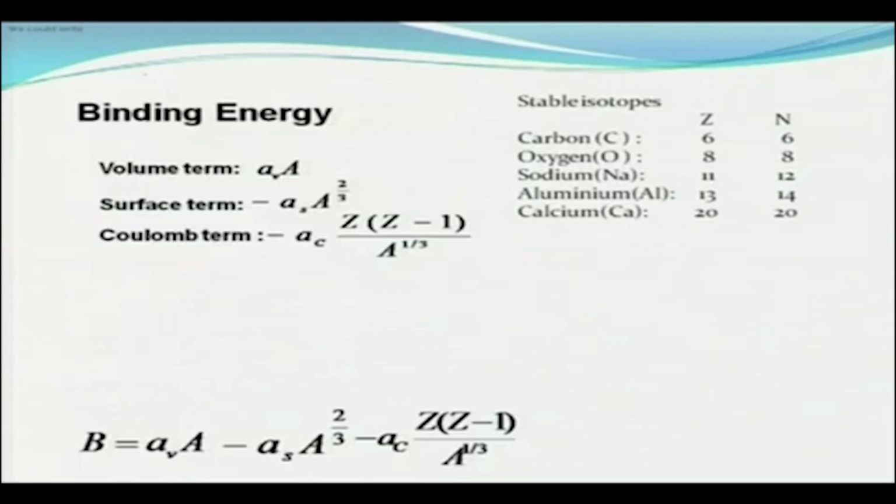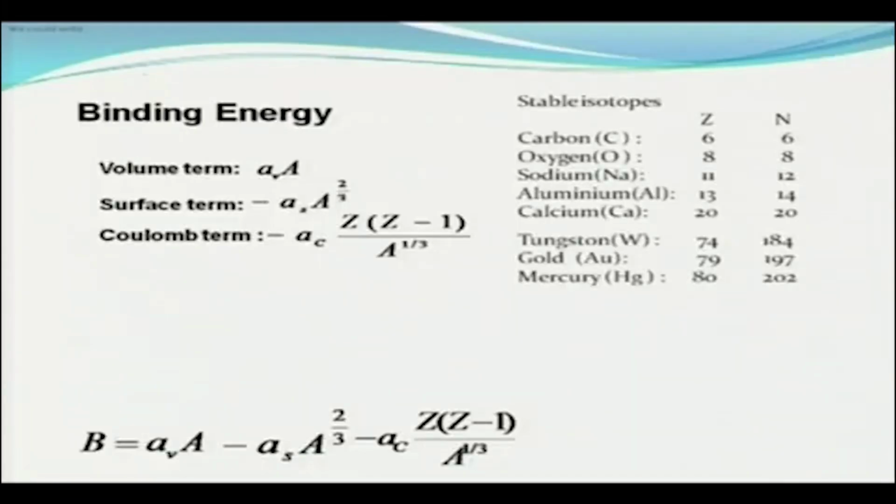This is true for light and medium weight nuclei, but when we come to heavier nuclei, for example, something like tungsten with atomic number Z equal to 74 and number of neutrons equal to 184, or 180, or something around that value.